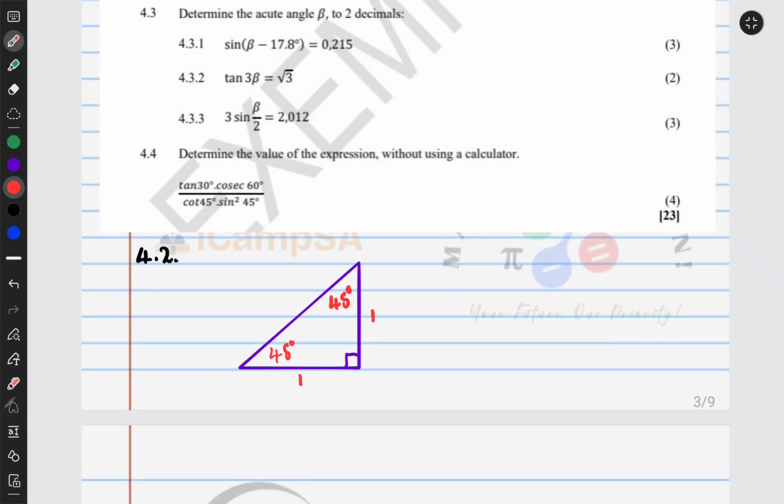Then we calculate the third side using the Pythagoras theorem. You will get that it is root 2. Then the other triangle, we draw an equilateral triangle, a triangle with 3 equal sides and 3 equal angles. Then the angles are gonna be what? 60 degrees.